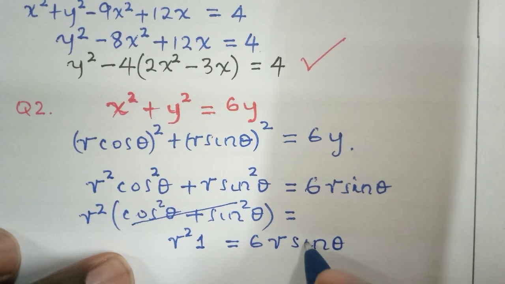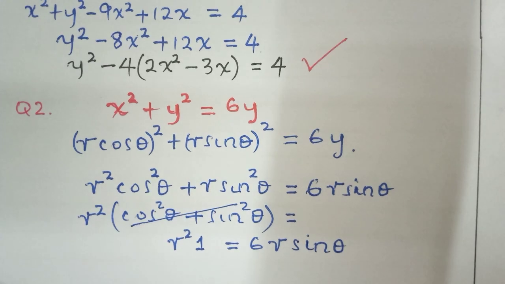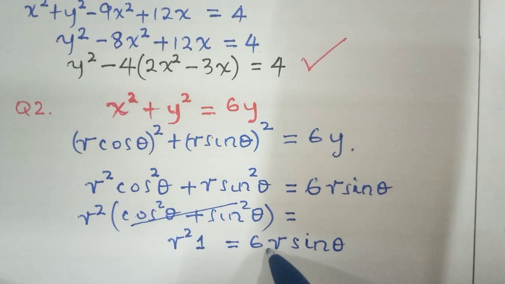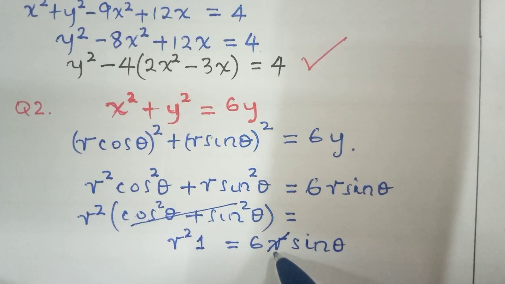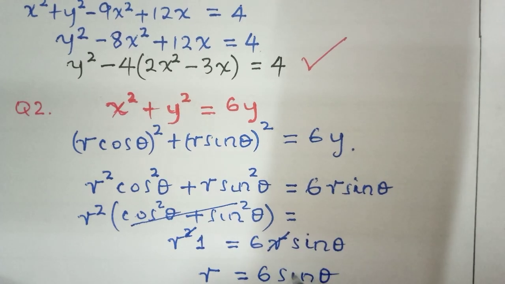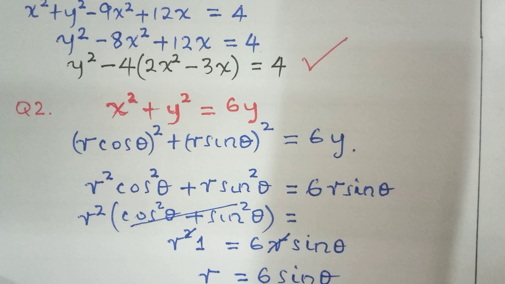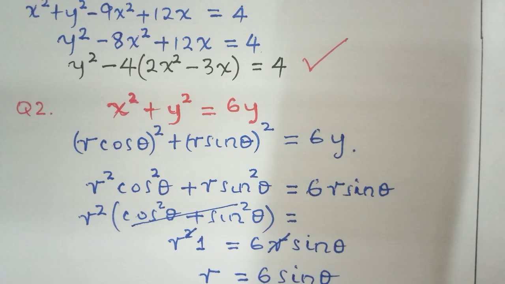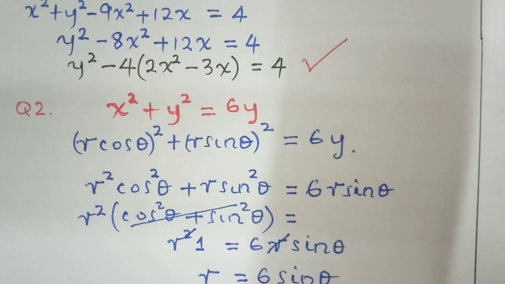Like that. And so, guys, we can cancel out one of the r here, that is this r and one of the r here. So we are left with r is equal to 6 sine theta. And so, guys, now we come to our conclusion, because this is our answer.